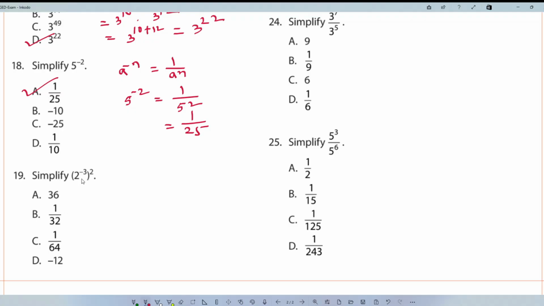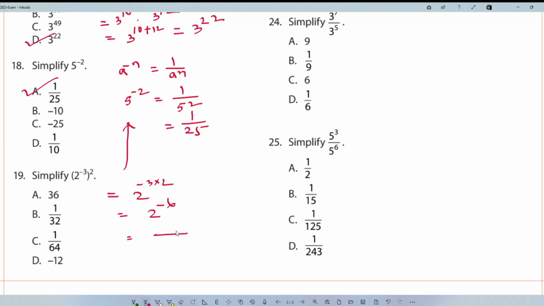So here is 2 to the power 3, 2 to the power minus 3 to the power minus 2 to the power 2. So this one we can write 2 to the power minus 3 into 2, it means 2 to the power minus 6 as per the negative exponent rule.